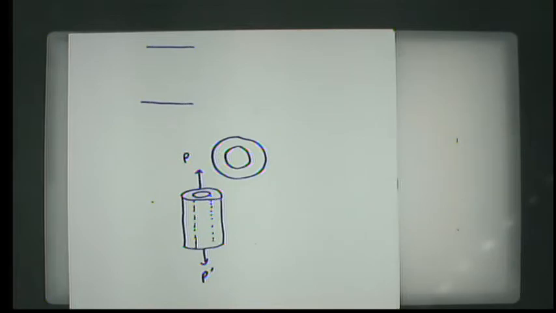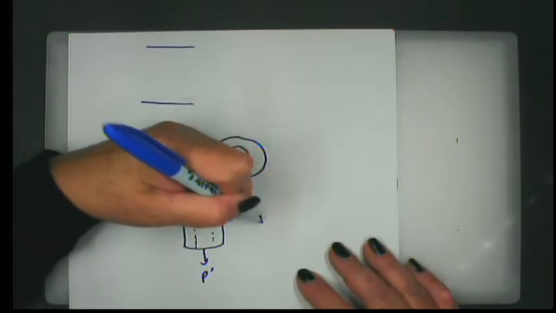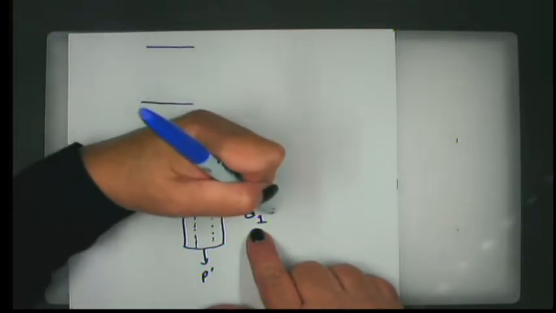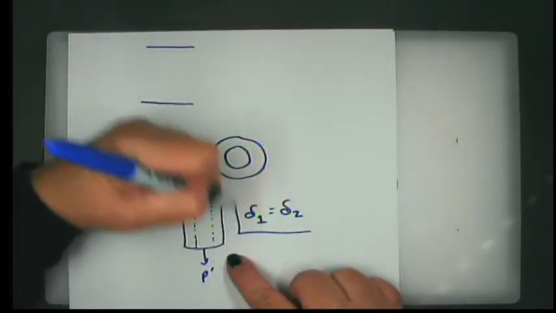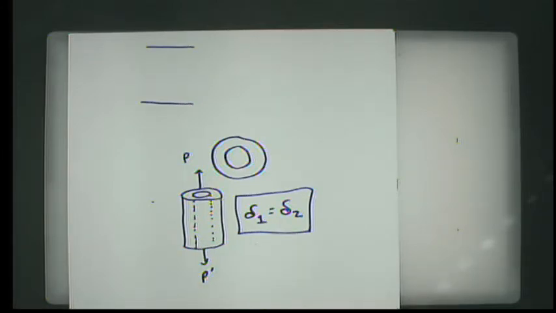Well, if you pull on it, if the steel core expands by 1 centimeter, how much is the aluminum jacket going to have to expand by? It's the same, exactly. That is exactly correct. So in this case, the deflection of 1 is equal to the deflection of 2. And so this is the idea that you would be using.